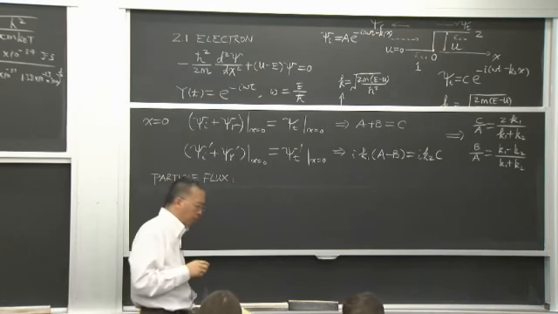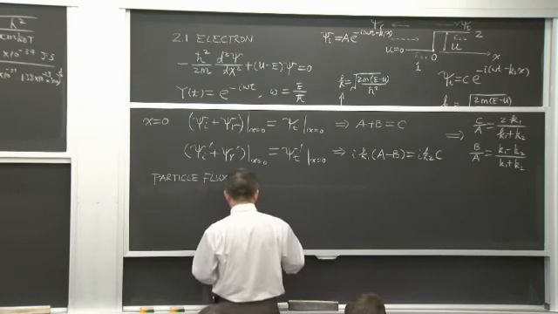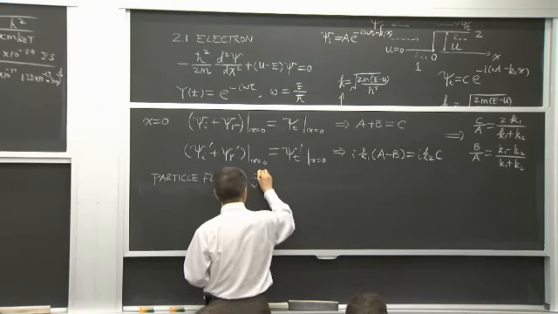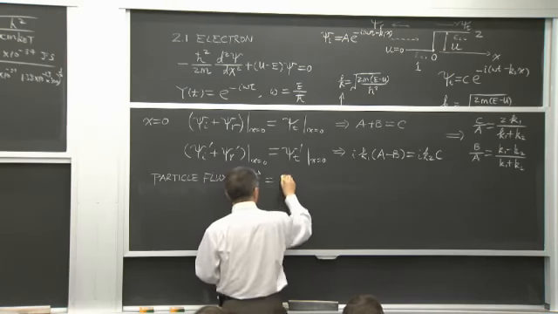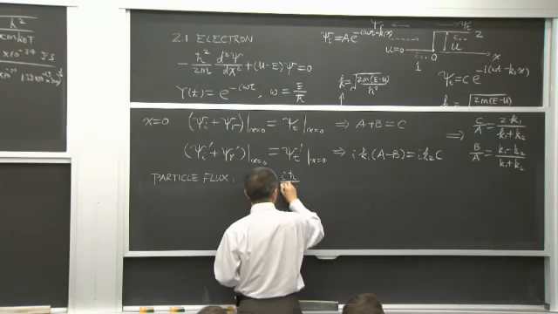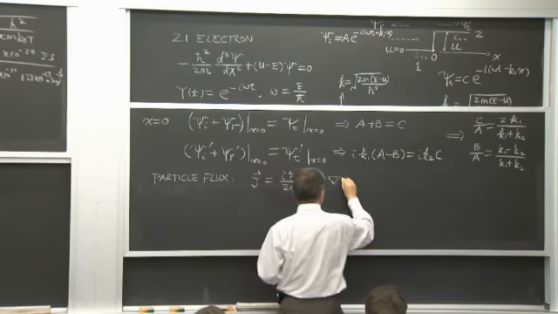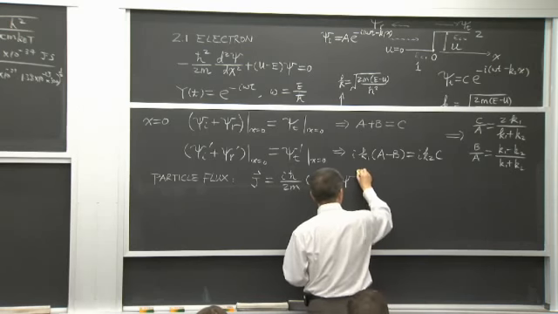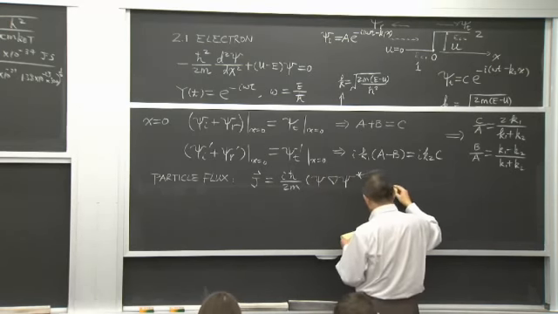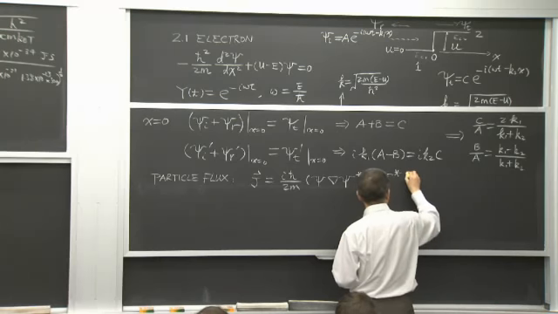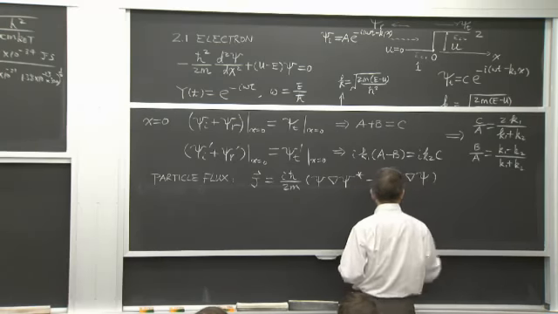The flux of the particles, as we gave the expression before, in vector form is i h bar over 2m times psi complex conjugate gradient of psi minus psi times gradient of psi complex conjugate.